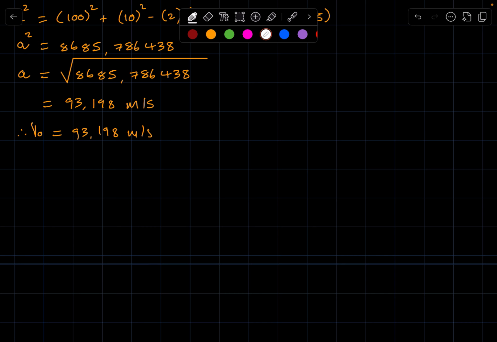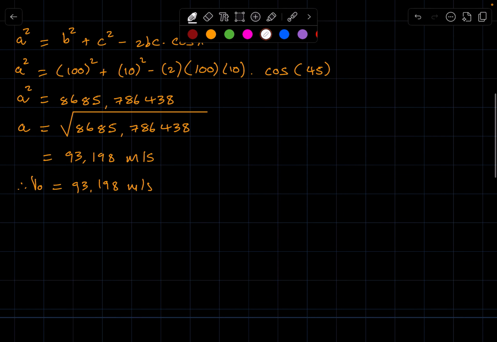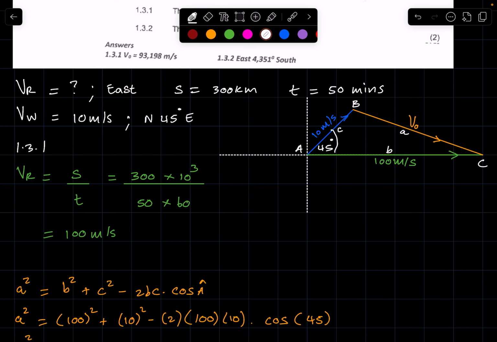So now we do 1.3.2, where we are going to calculate the direction of flight, which we already have an idea about. Remember that if VO is in this direction, the way you can tell the direction of VO is by looking at it from the perspective of the Cartesian plane.